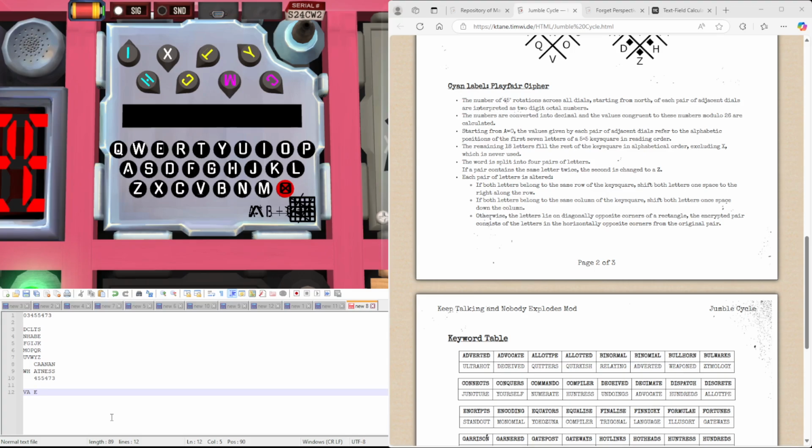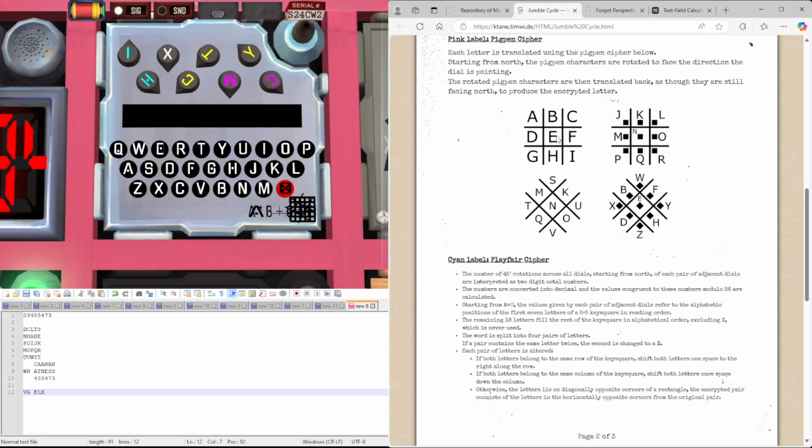So 20 to 5 plus 1 gives us L. 14 to 5 plus 1 gives us X. We have the Pigpen E, which is in the middle again, so going 180 wouldn't change it.